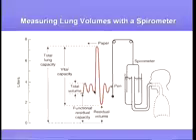And then at this point, the subject is asked to take a full inspiration, go up as far as he can, increase the volume in the lung as far as he can, and the volume in the lung then is what's called the total lung capacity, as you can see. And then at this point, the subject is asked to breathe out as far as he can. And he breathes out all the way down to what we call the residual volume. In other words, he's not able to expel all the gas from his lung.